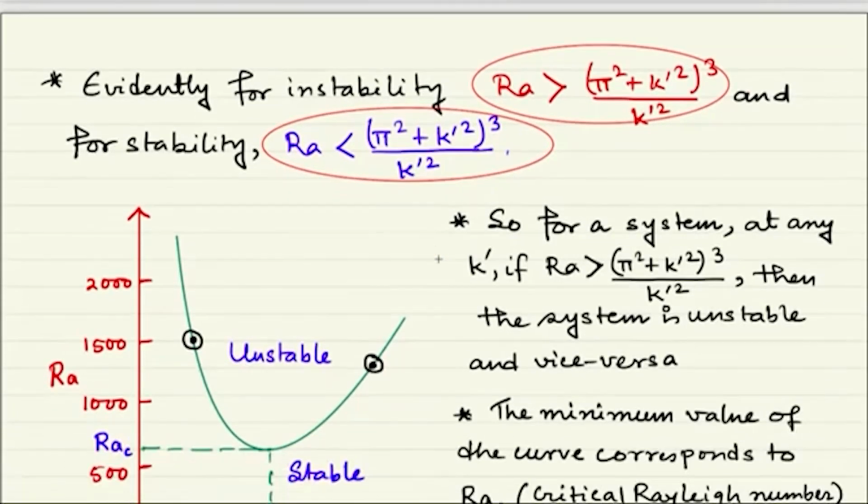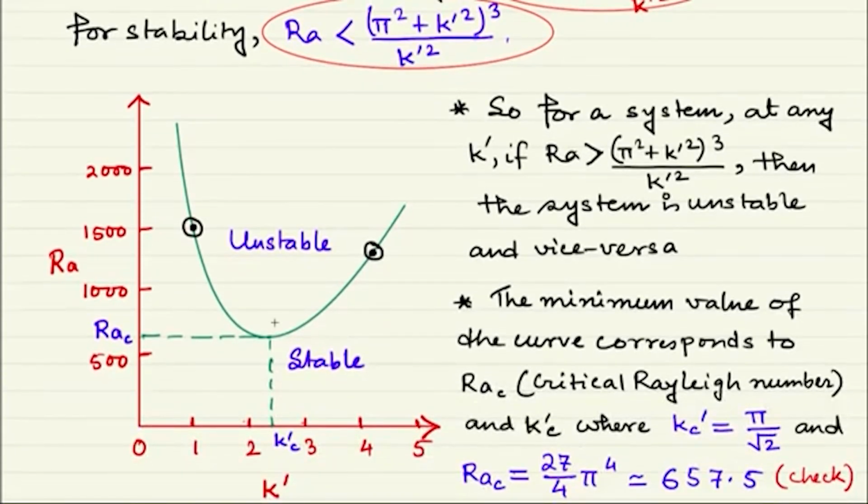For a system, you can easily see that there are two things. This solid curve is the curve for marginal instability. Let's say you have chosen a normalized wave number k prime equal to 3. Corresponding to that, if your system has a Rayleigh number which is superior to the marginal one, let me make some drawing.